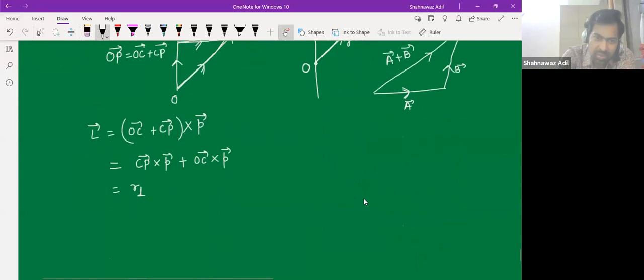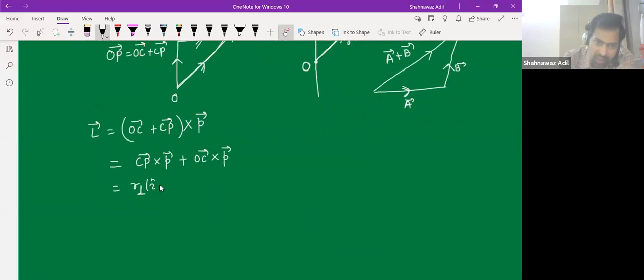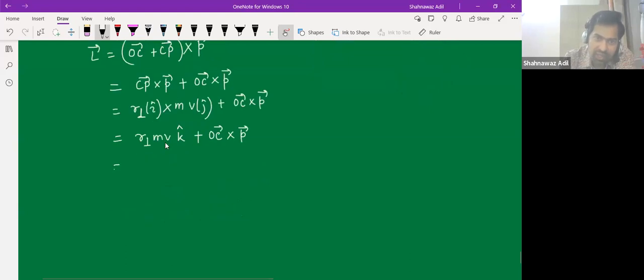So this is R perpendicular I hat, and this is mass, and this is V J hat, plus OC cross P. So this would be R perpendicular MV, and I cross J is K hat, plus OC cross P. I can write V as omega R, so this would be M R square omega K hat plus OC cross P.